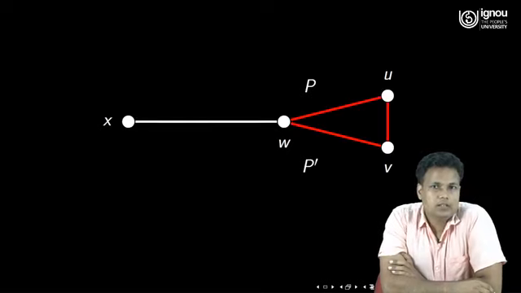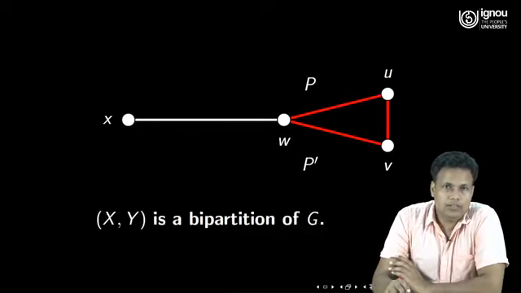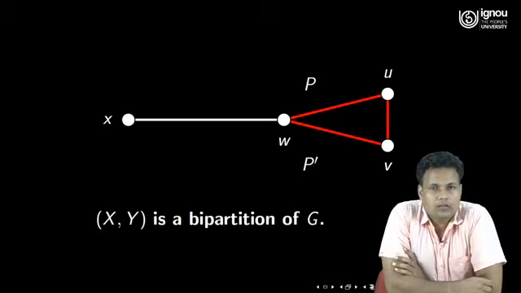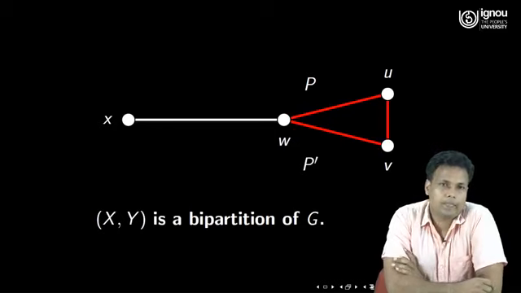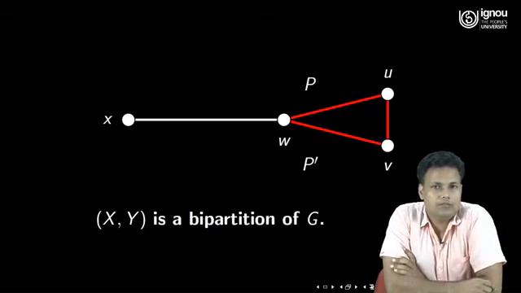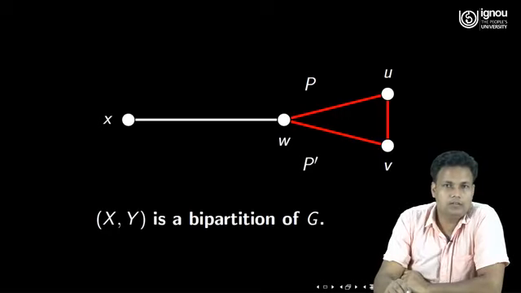Hence the edge uv cannot be in X, and in the same way you can show that edge uv cannot be in Y as well. That means every edge has one endpoint in X and another endpoint in Y. So (X, Y) is a bipartition of G, which means G is a bipartite graph.